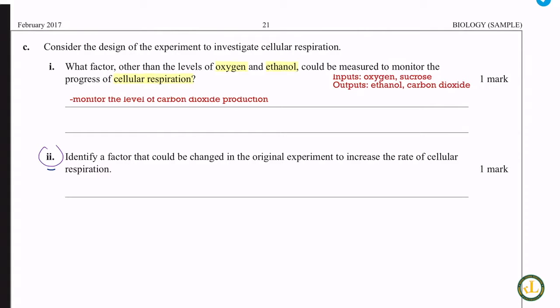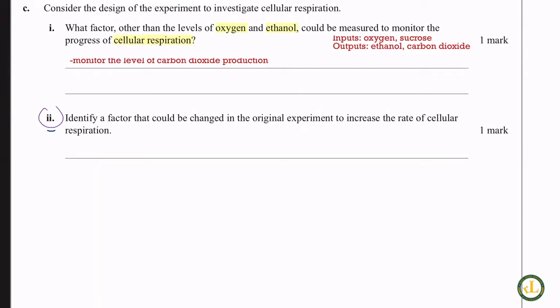Question 2. Identify a factor that could be changed in the original experiment to increase the rate of cellular respiration. Again, here we're thinking of what sort of variables we already have. So we have 22 degrees Celsius as our control. We have 0.1 mole of sucrose.